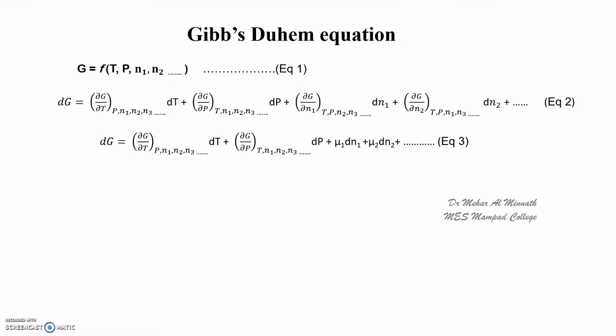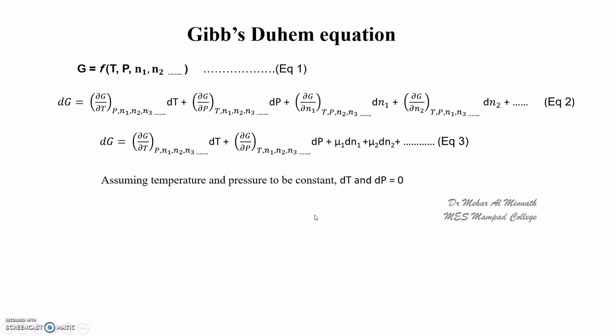And then we can consider dou G by dou N1, that is from term 3 onwards. That is the change in Gibbs energy with respect to the number of moles of every component. You can put it as mu1 dN1 plus mu2 dN2, etc. So our equation 2 gets converted, or you can write it as equation 3 in this way in terms of chemical potential.